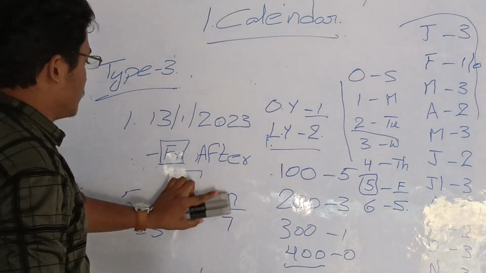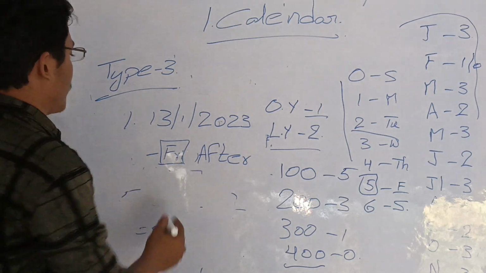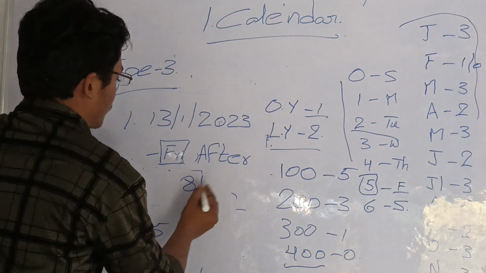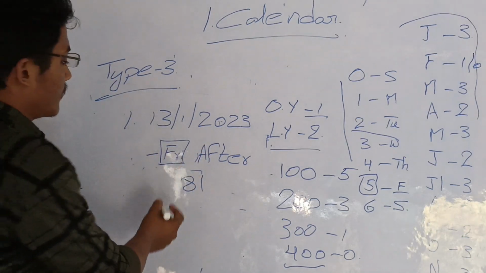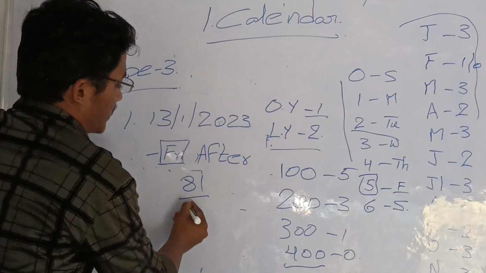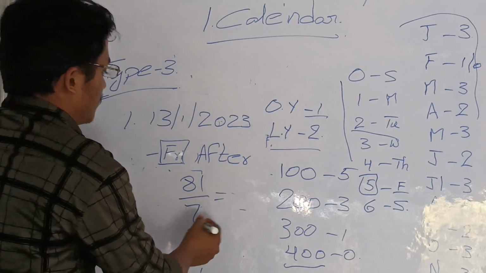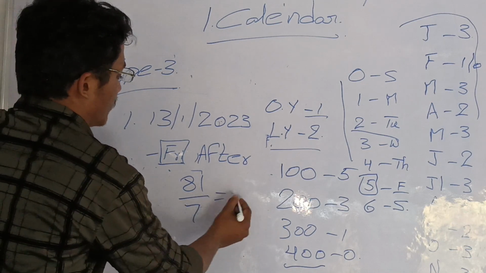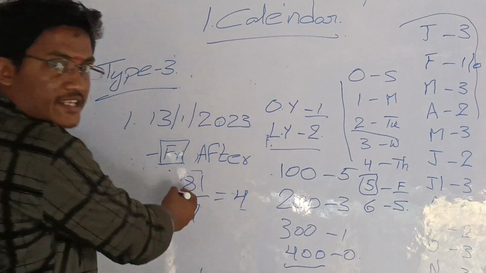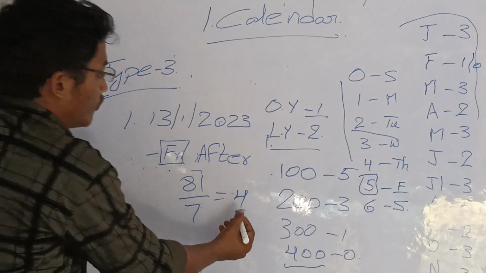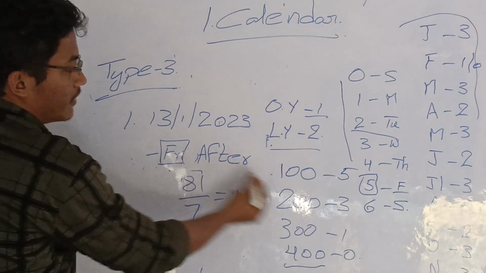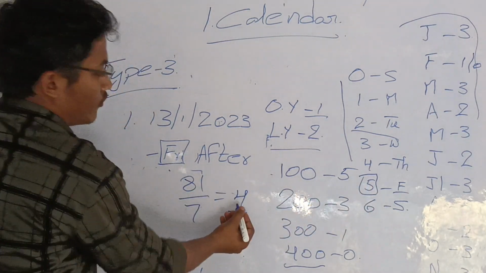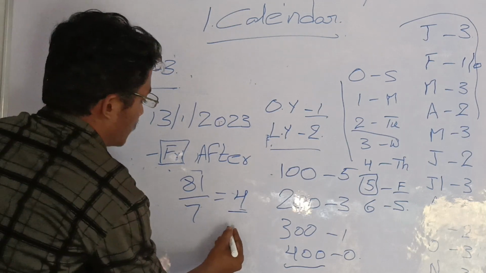Consider another example, after 81 days. From this date, after 81 days, we need to divide it by 7. The remainder will be 4. We need to add this 4 to the number of the day, Friday. What is its number? 5. 5 plus 4, 9.